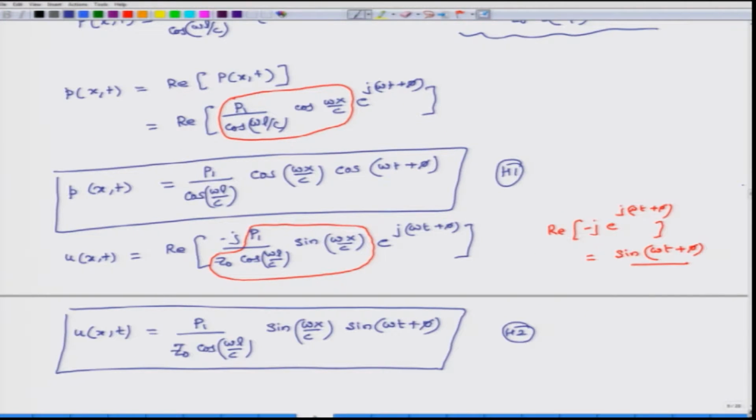So, H1 and H2 give us expressions for pressure in the tube and velocity in the tube, and in these expressions everything is known. P1 is known, omega is known, L is known, C is known, and if we know the value of x and t, we can calculate pressure and velocity at all times and for all positions.